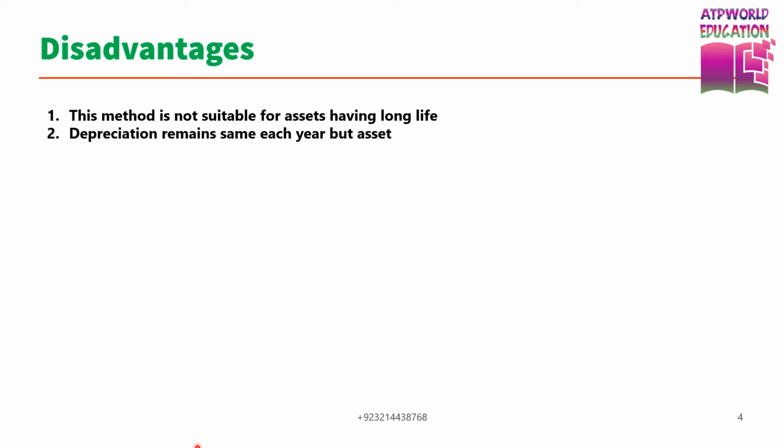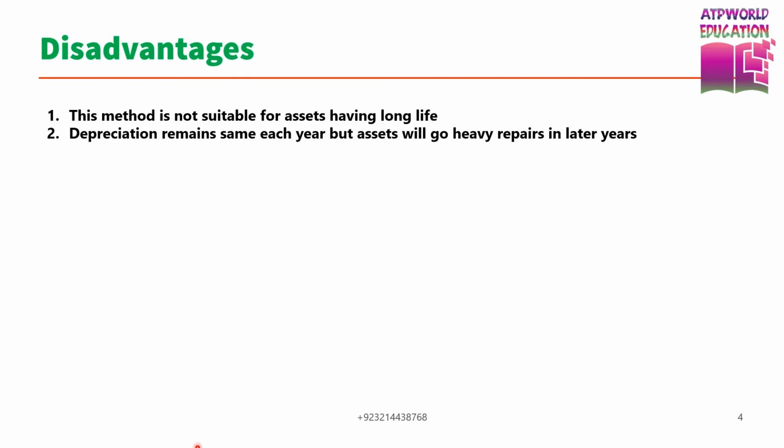Depreciation, if you are using the SLM method, remains the same each year, but the asset will need heavy repairs in later years. Means in early years there is less repair incurred on the assets, so there is less fall in value of assets.